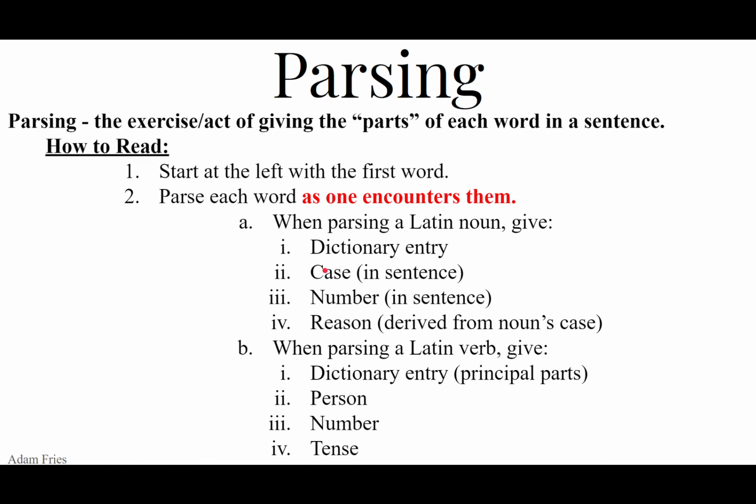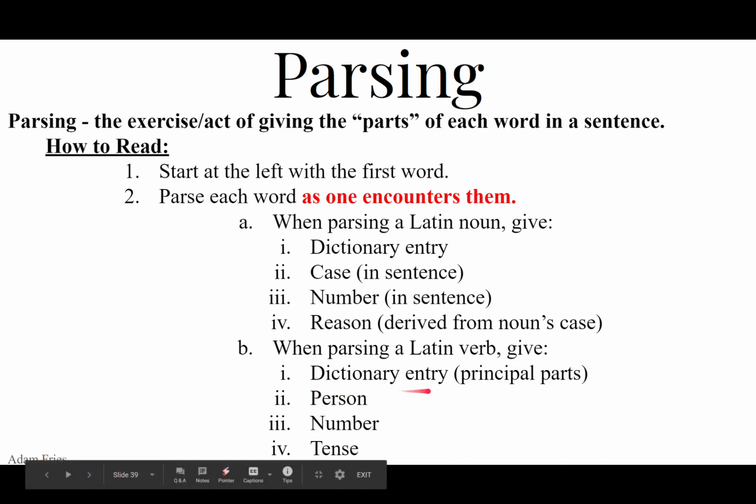And then from the noun's case, we determine its reason, that is, its syntactical function, its job in the sentence. So if we have a noun that is in the nominative case, its reason will be either the subject or the predicate nominative. When we get to a Latin verb, we will parse it by giving the dictionary entry, that is the principal parts of that verb, and then in the sentence we will determine the person, the number, and the tense of the verb.